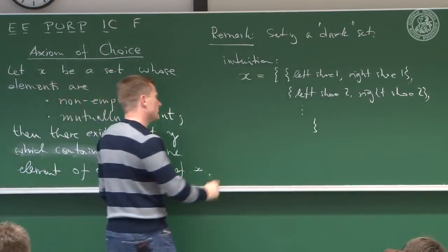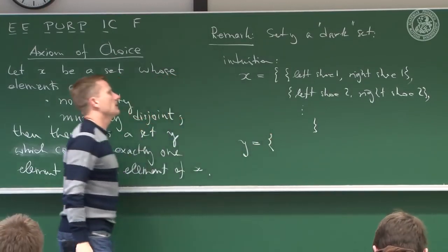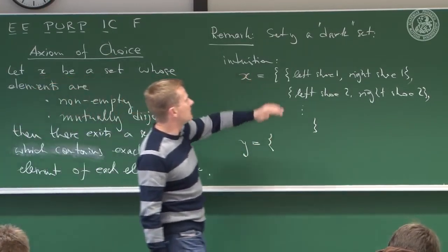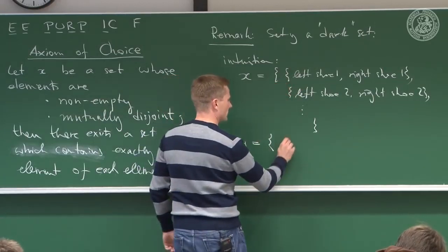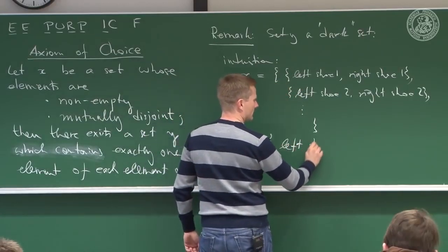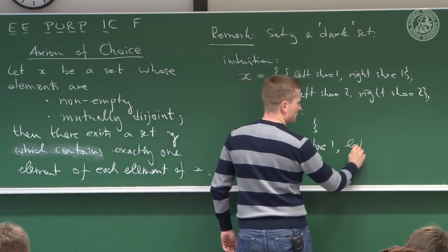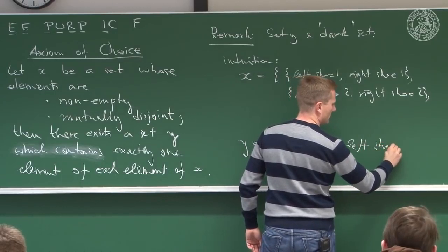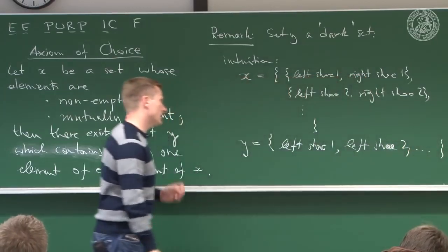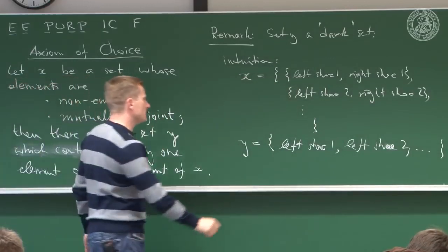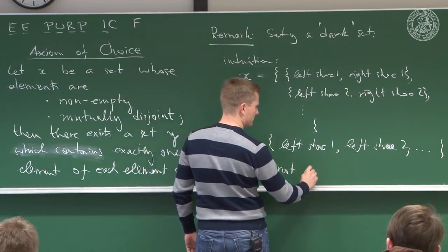Then in principle you can of course apply the axiom of choice, but you don't need to. If you look at the individual elements here, you can have an algorithm. You say always pick the left shoe. So you can build the set left shoe 1, left shoe 2, and so on. And to do this, you do not need the axiom of choice.